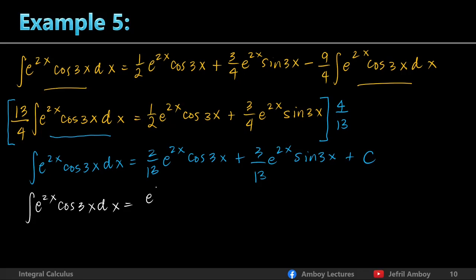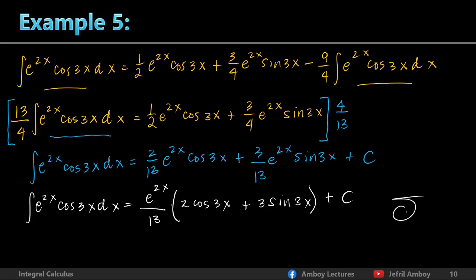That's e raised to 2x over 13 times, dito may natirang 2 cosine of 3x at dito may natirang 3 sine of 3x and then plus c. Okay, so this is now our simplest answer. Okay, meron na tayong final answer dito.